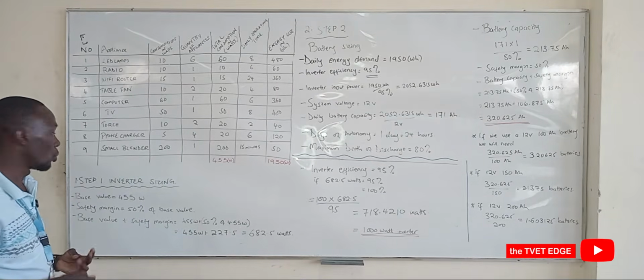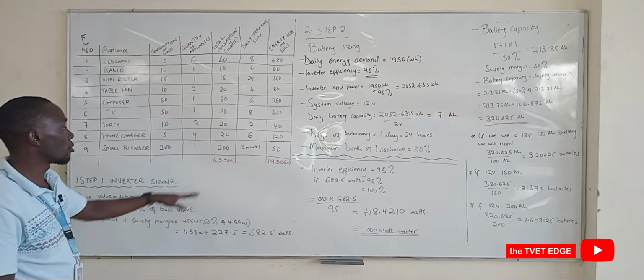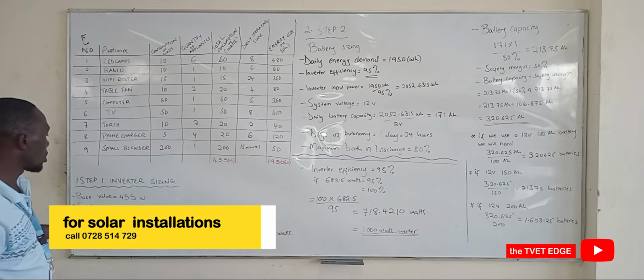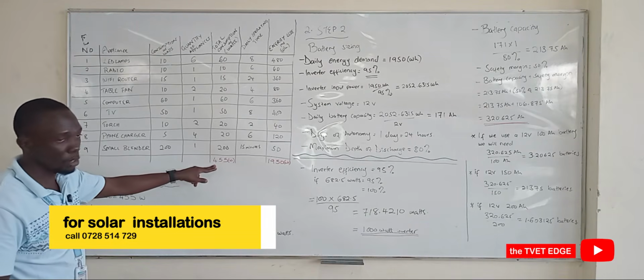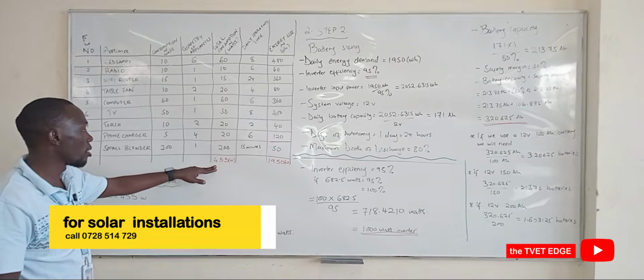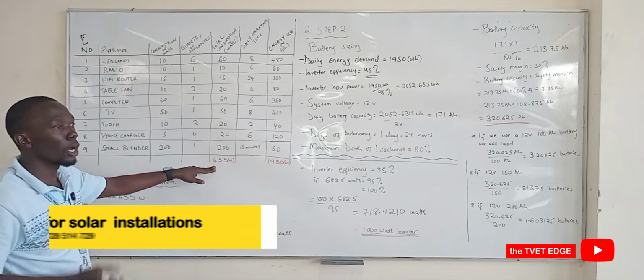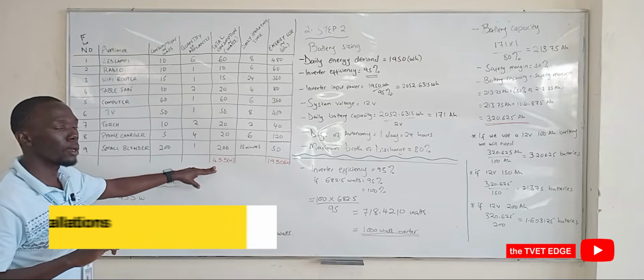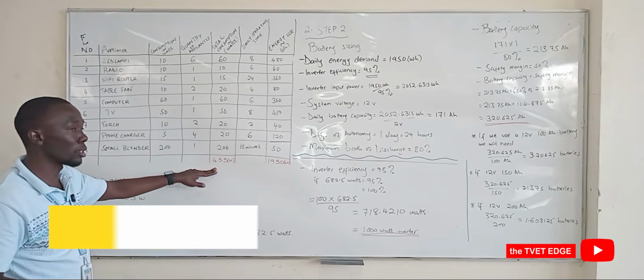The first thing we do, we introduce a safety margin to the base value. We are operating at 50% safety margin, and we explained why we need to add a safety margin from the previous lecture or the previous session.